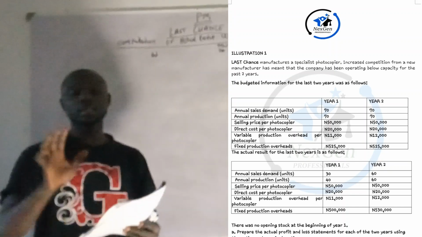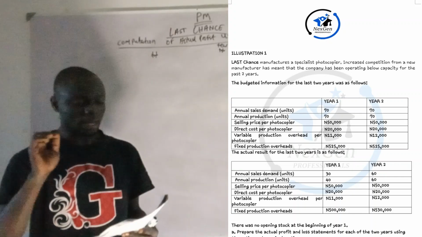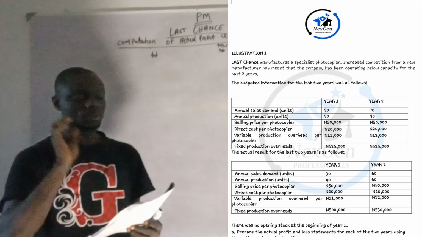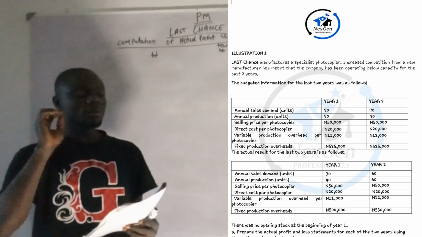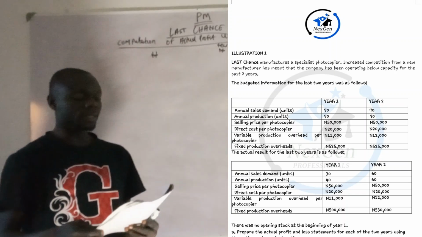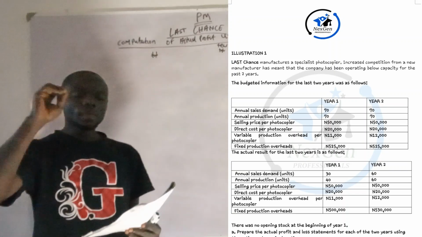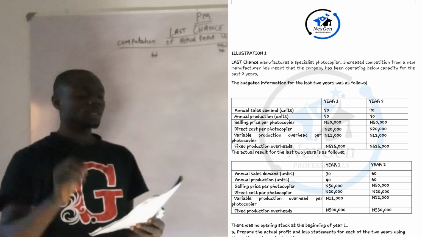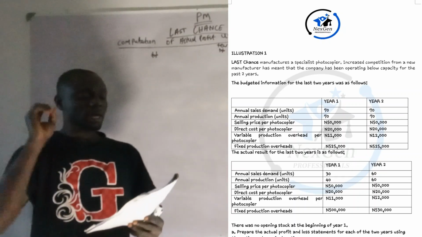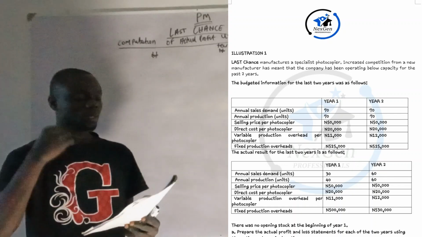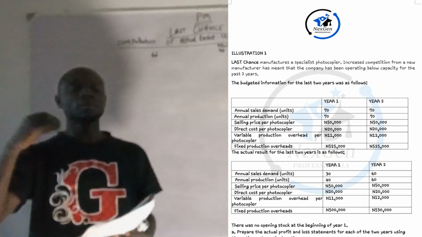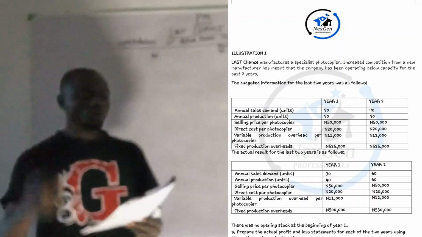We're given the budgeted information as annual sales, selling price, direct costs, variable production overhead, fixed production overhead, right? We're also given the actual results for the last 2 years as follows: the annual sales, production, direct cost per photocopier, variable production overhead, fixed production overhead.